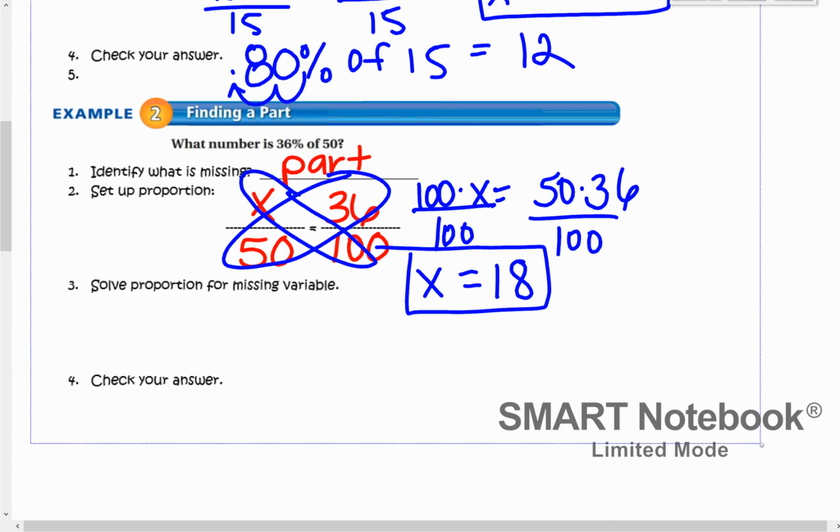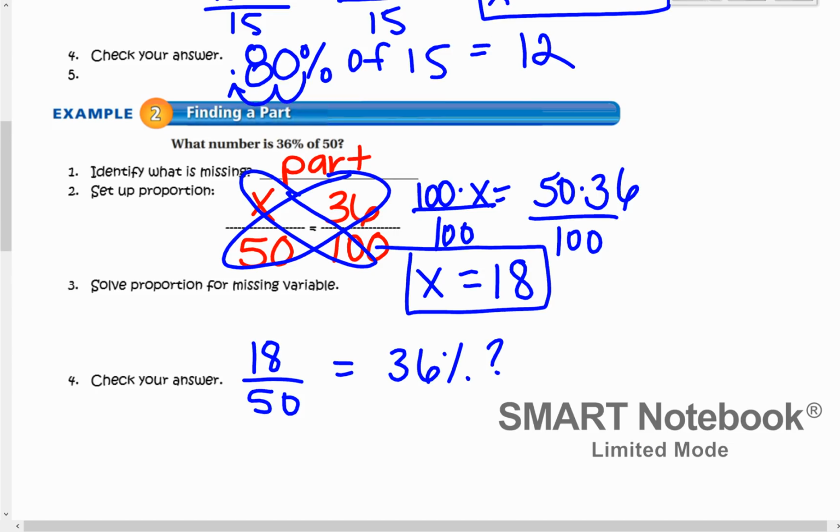Now when we check, we know that 18 over 50 should be equal to 36%. So we could take 18 divided by 50. That's going to be equal to 0.36, which is equal to 36%, so we know that we solved this proportion correctly.